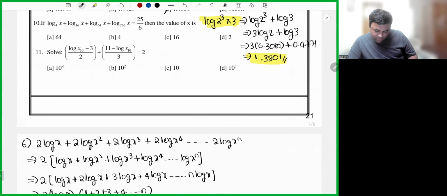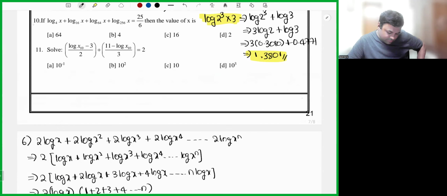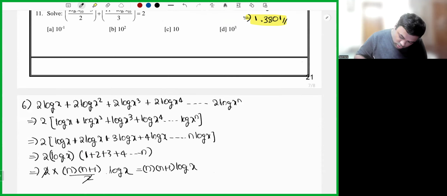Next. Let's try question number 10. Log x base 4 plus log x base 16 plus log x base 64 plus log x base 256 equals 25 by 6, it seems. Wow, let's do this. Question number 10.